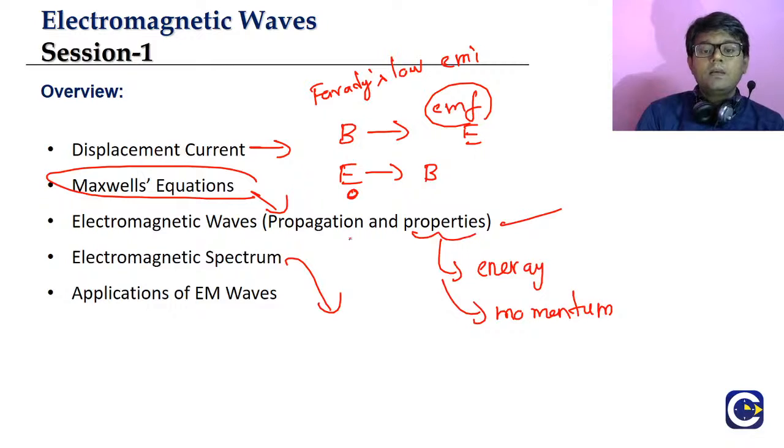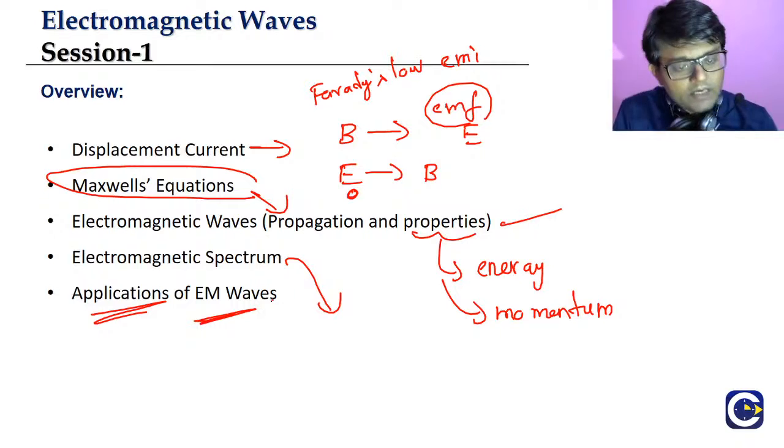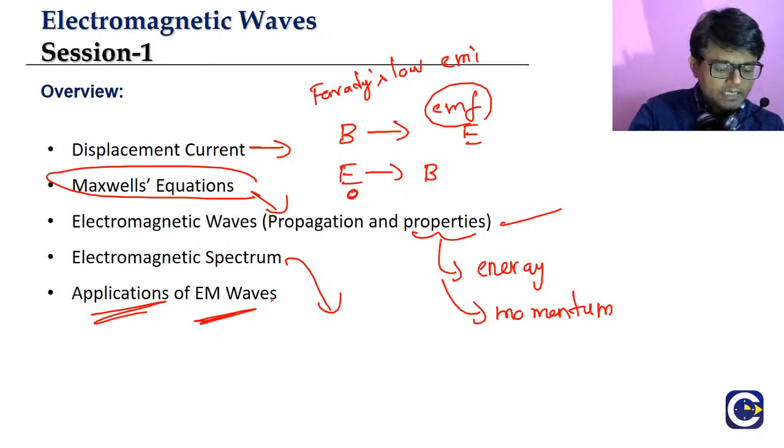We will name certain ranges of frequencies as per a particular pattern, and depending upon the specific range of wavelength or frequencies, they have some applications. So we look at the applications of electromagnetic waves. This is what we are going to be covering in this chapter.